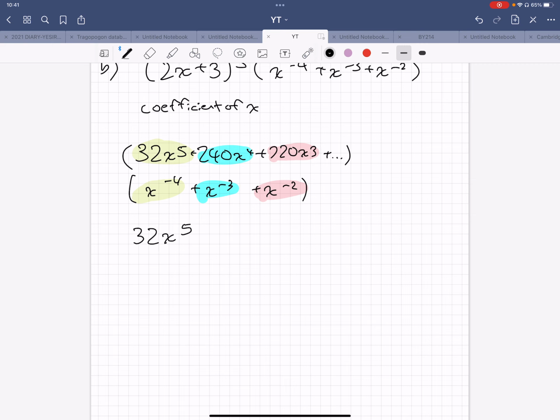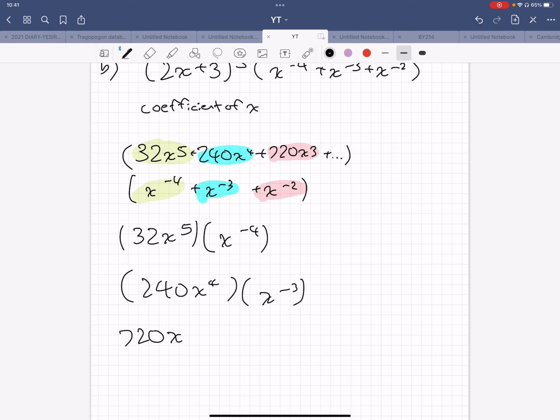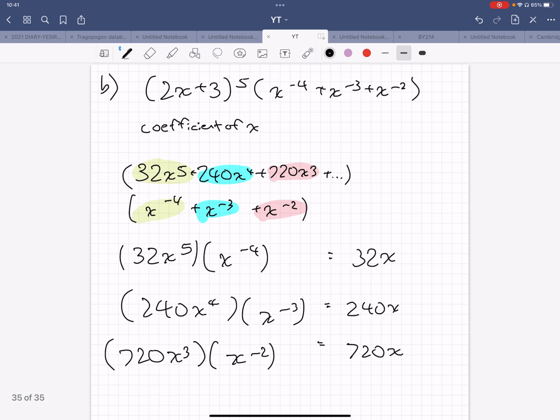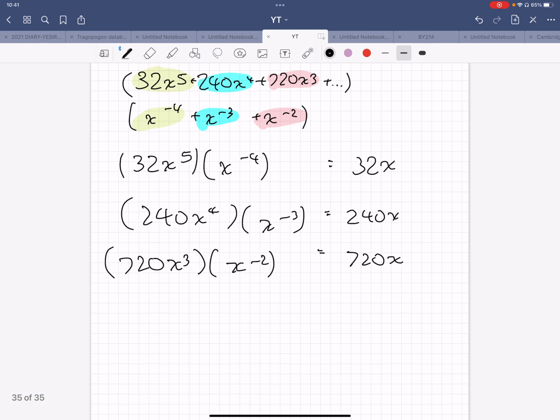32x to the 5th, x to the negative 4th, 240x to the 4th, x to the negative 3rd, 720x cubed, x to the negative 2. And if we multiply these all out, you just get 32x, 240x, 720x. And so if they ask for the coefficient of x, now you just add them up.